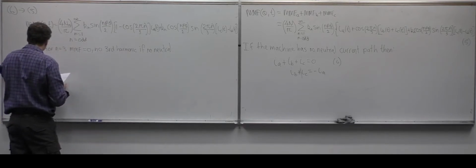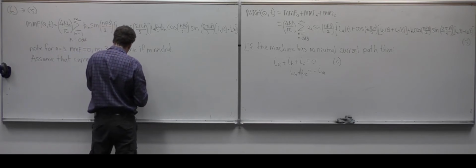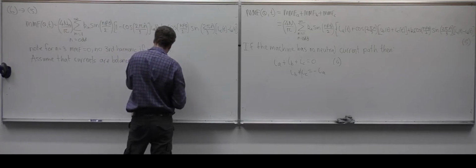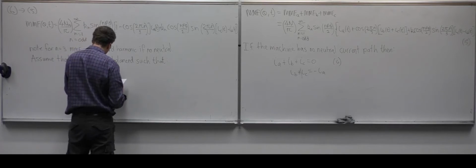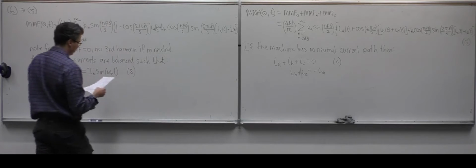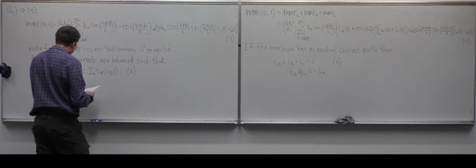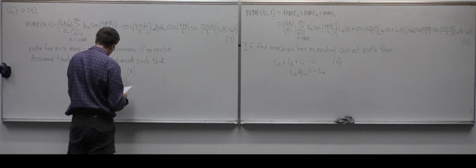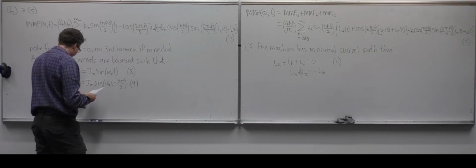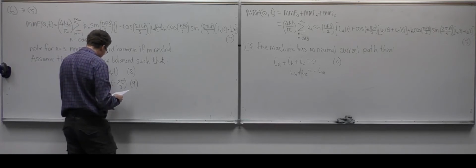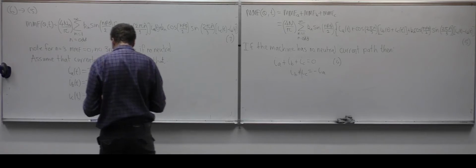So assume that currents are balanced such that we have current A, IA, that's equation 8, this is equation 7, and then we have IB, and then we have IC.